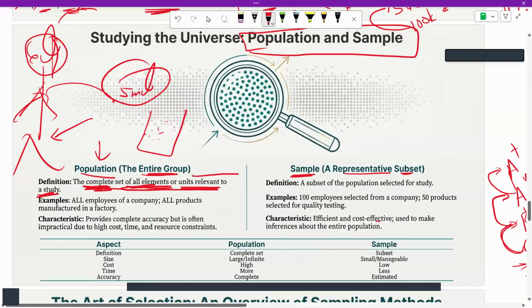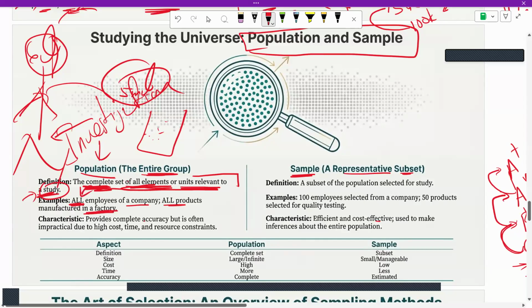The term relevant to study. Study means investigation. All employees of a company, all products manufactured in the factory.